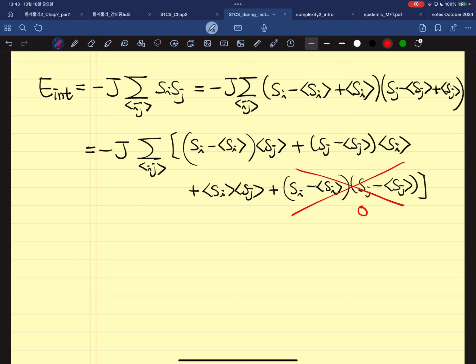So let's ignore this second order fluctuation term.